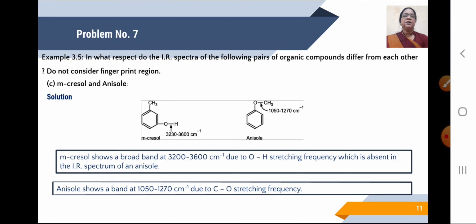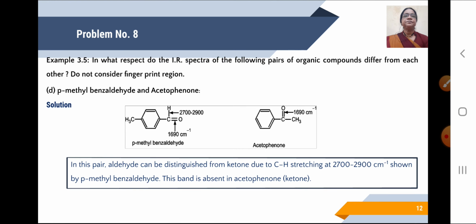Here the m-cresol shows a broad band at 3200 to 3600 due to the presence of OH stretching frequency, which is absent in the IR spectrum of anisole, and anisole shows a band at 1050 to 1270 per centimeter due to the CO stretching frequency, which is absent in the metacresol.